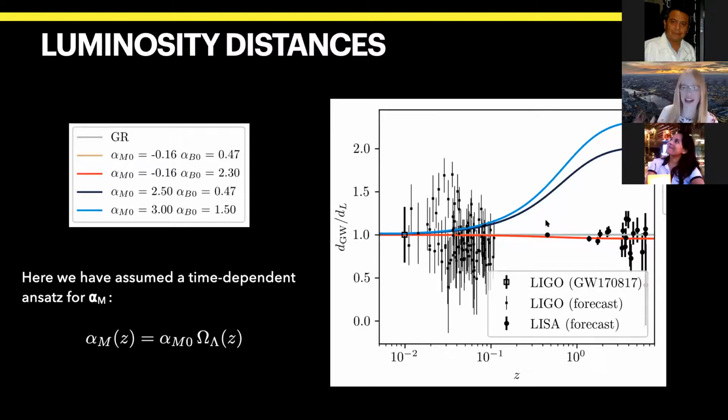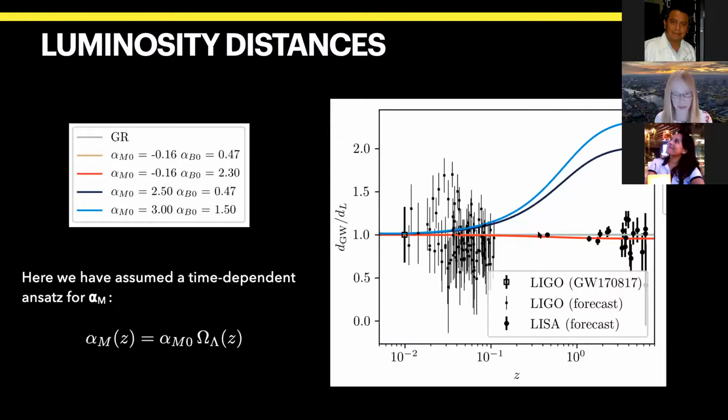So we want to get an understanding, more quantitatively, of how well we could measure our remaining alphas with LISA. I've spent a large part of the past year trying to understand all the things that go into building mock data for LISA. And you'll be relieved to hear I'm not going to tell you about all of that. I'll tell you just two quick things.